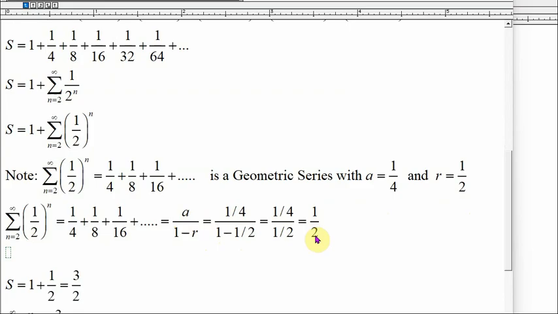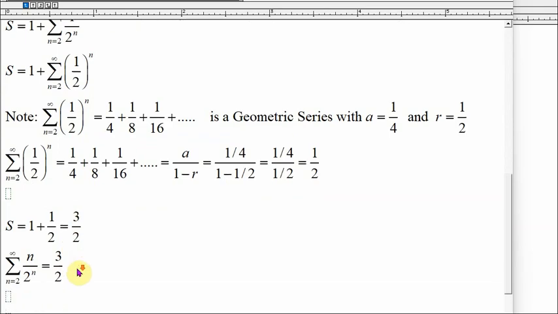So we end up with 1/2. And so this part is 1/2, and so we get 1 plus 1/2 is 3/2.